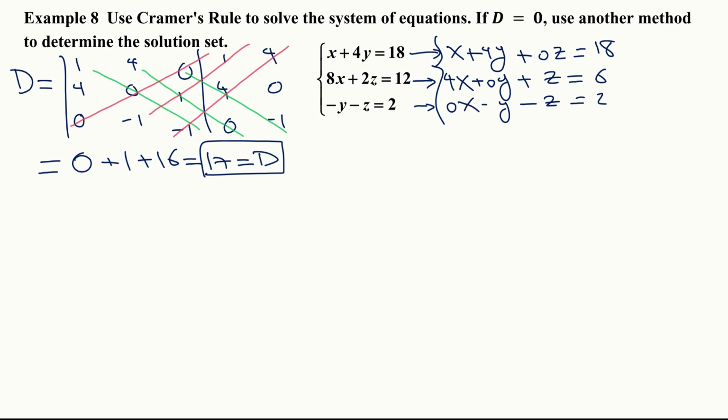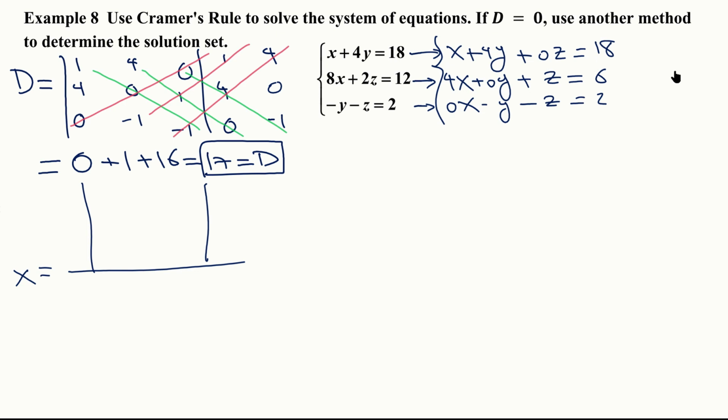Okay, so now we need to find X, which is going to be the determinant. Let me actually give myself a little more space. All right, so for the X, the determinant on the top, we're going to replace the X coefficients with these.